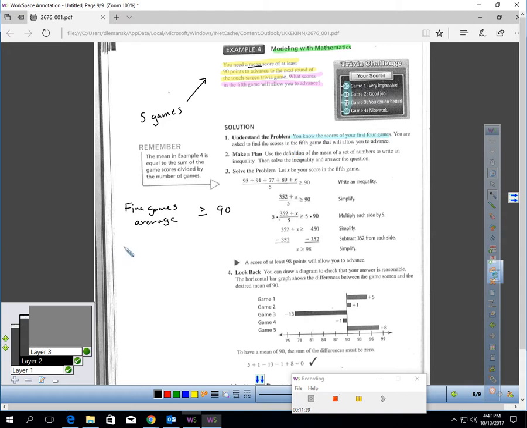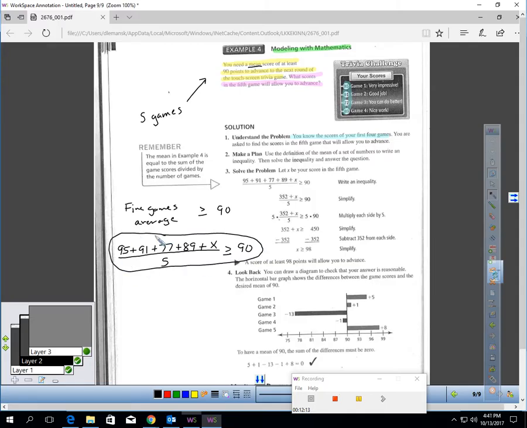I've had a 95, we've had a 91, we've had a 77, we had an 89, and I have an unknown 5th game. If I take all those scores and add them up and divide by 5, I want that to be greater than or equal to 90. I want a score of at least 90 to move on. Okay? So there is my inequality.